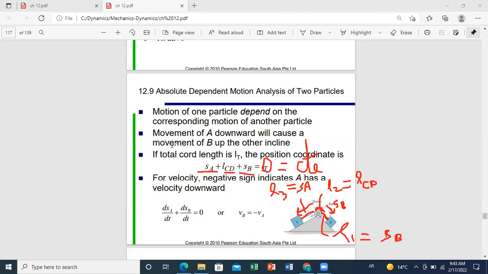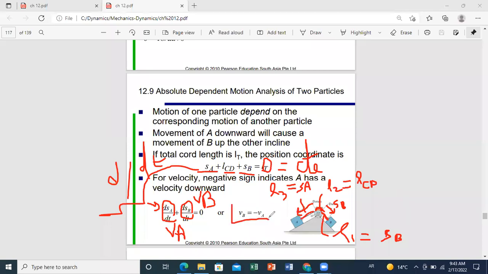Now, if you derive this relation with respect to time, what do you get? When you derive with respect to time, each constant's derivative is 0. And when you derive SA by dt, this represents the velocity of A. dSB by dt represents the velocity of B. So you have that VA plus VB is equal to 0, so VB is equal to minus VA.